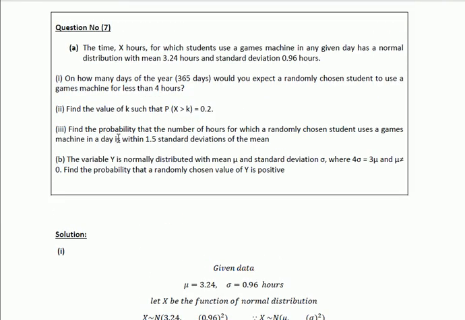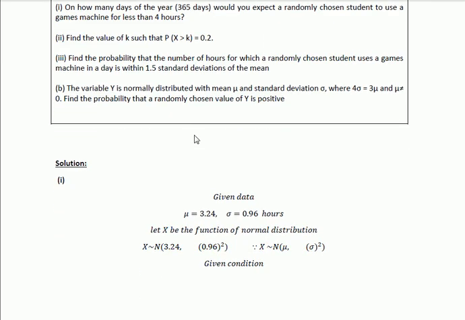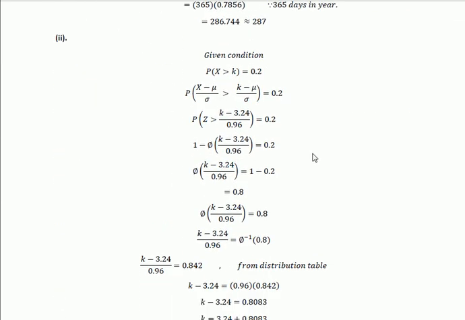For part B, find the value of k such that P of x greater than k equals 0.2. According to the given condition, P of x greater than k equals 0.2.